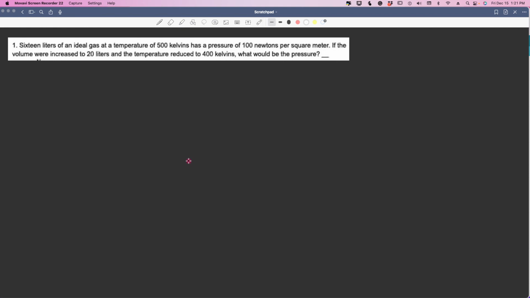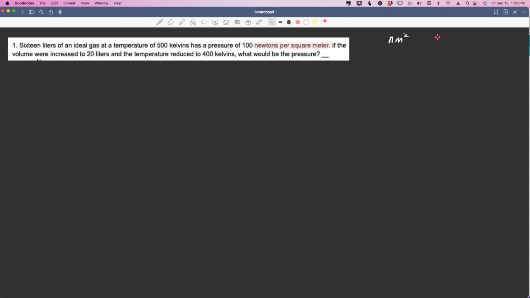So this was the first problem, the ideal gas problem. And where most of you messed up was with this unit of measure, newtons per square meter. Now, those of you who got the right number and put Newton meter square, I gave you half credit so that you knew you were trying and you knew you were supposed to use that.